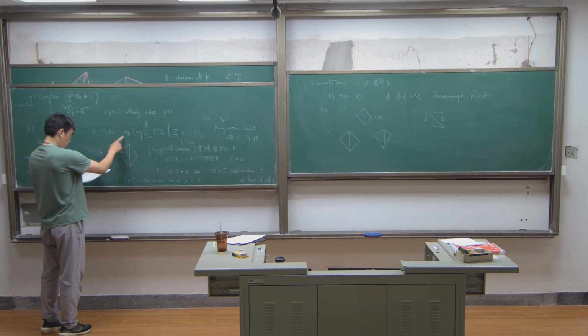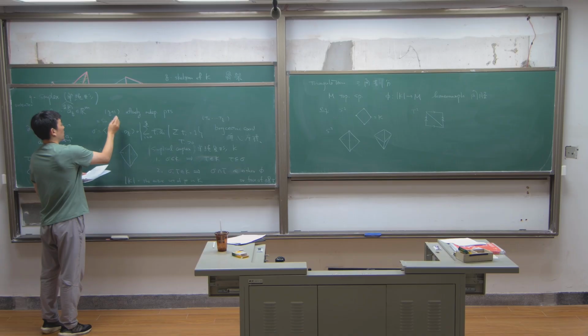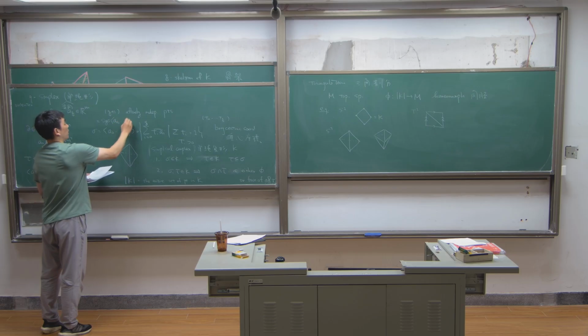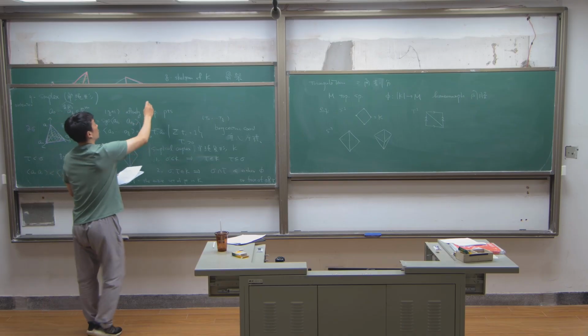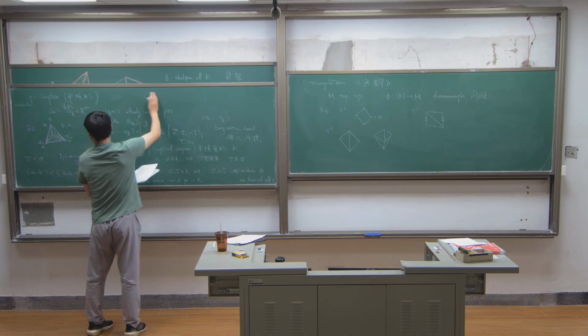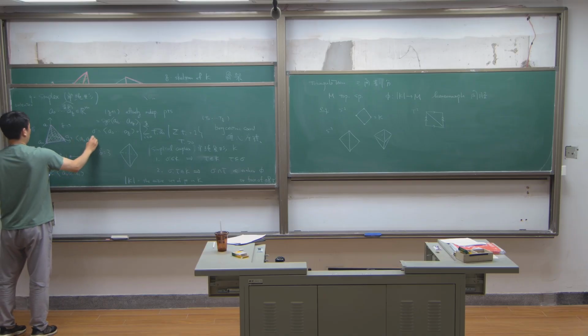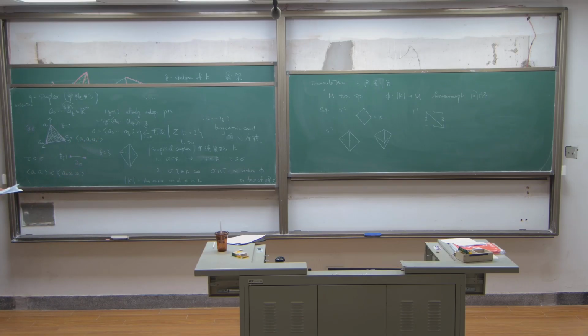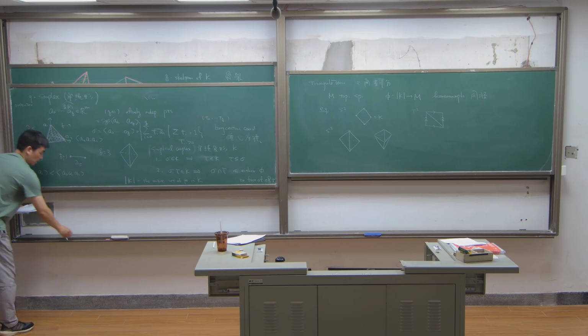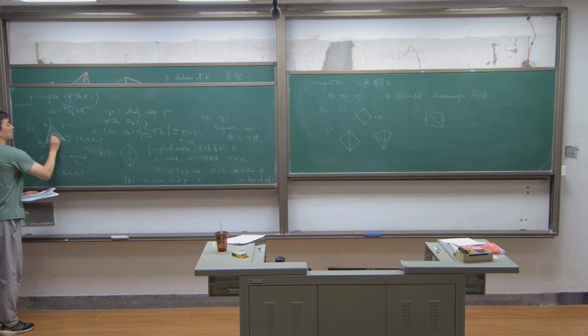We care about the ordering, therefore if you change the ordering, you need to include the sign of the permutation sigma. Suppose the orientation is A0, A1, A2, like this one.